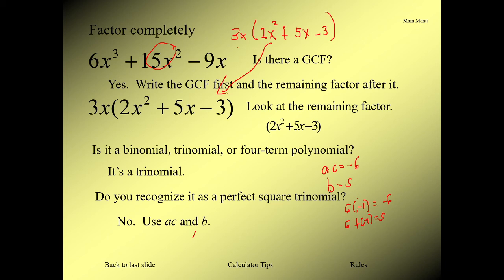So we have found the two terms. Therefore, if we rewrite that, that's 3x times 2x squared plus, let's separate 5x into 6x minus x minus 3. Or you can interchange that one, that's also right.